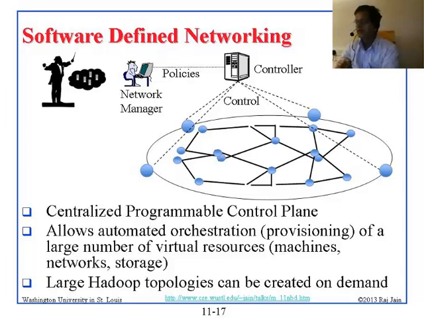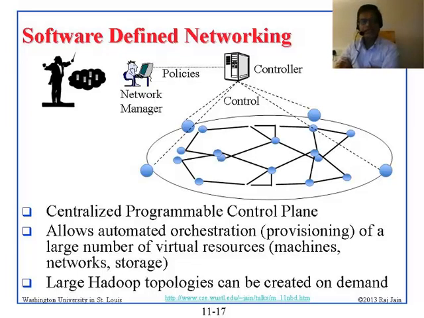Because they don't need a very powerful CPU now, they can be cheaper. They don't need hardware for the control part. They just need the hardware for the forwarding part, the data plane. All right. So that is one thing: software-defined networking gives you a centralized control plane.